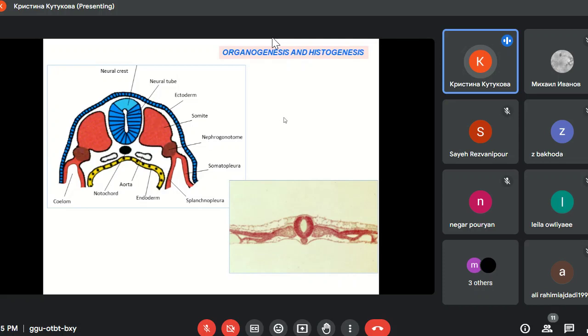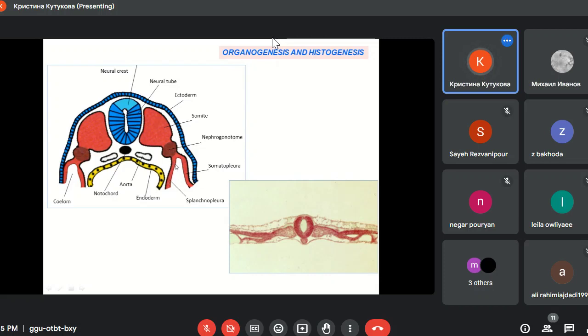So this area will give rise to nephro. Nephro is for kidney, for urinary system, and gono is for gonads, which are testes and ovaries, for reproductive system. So nephrogonotome will give rise to organs of urinary and reproductive system.